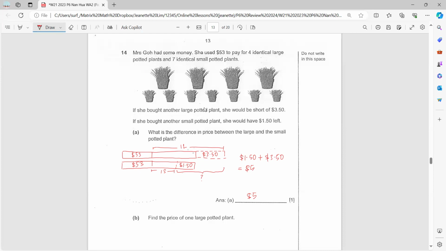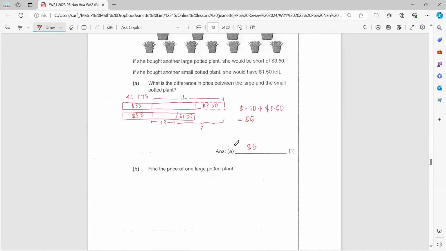So at this point, you're supposed to use the $53. $53 is used to buy 4 large, 7 small. So imagine every small is 1 unit. Every large is $5 more.